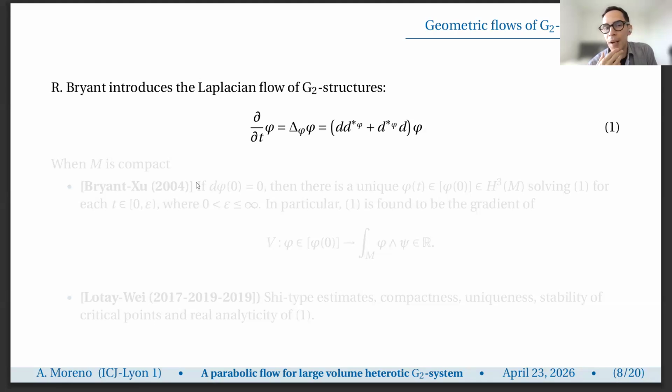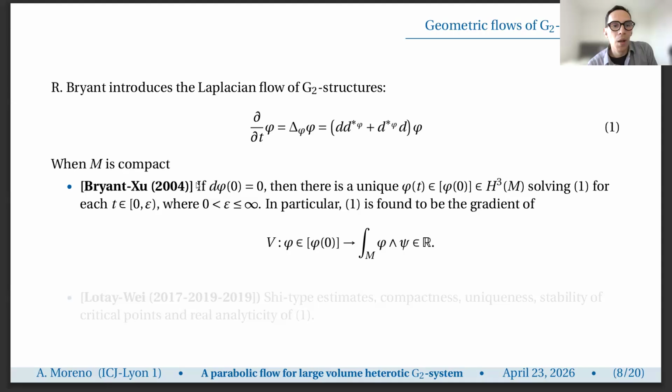In the compact manifold, the critical points are the ones that are closed and co-closed, so the critical points are torsion-free in the compact case. Bryant and Xu proved short-time existence and uniqueness of this flow.